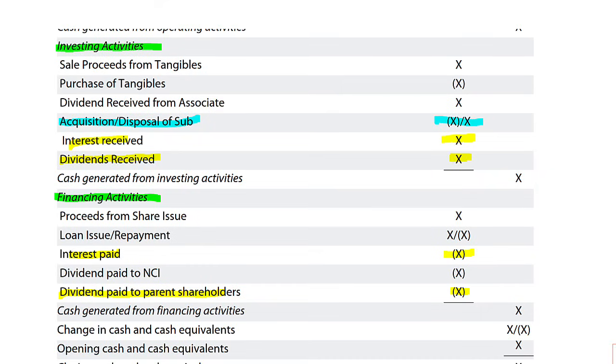But if you think about a group in these terms, here we are, P and S. If I just draw that as a balloon, if you imagine that S pays a dividend, let's assume it's an 80% subsidiary. 80% goes to P, which means that group cash goes down and up again, but 20% goes out here.